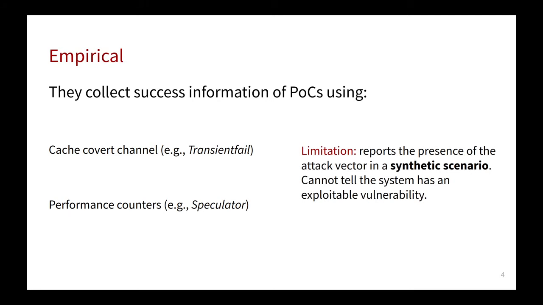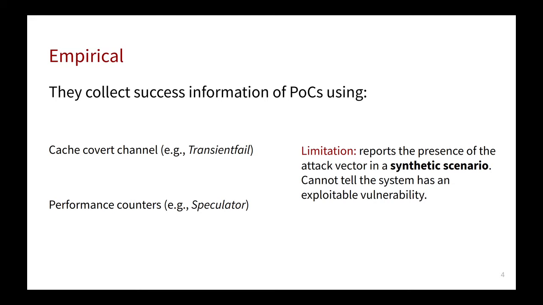However, these empirical tools have some limitations, because what they really do is not tell us if there is an exploitable vulnerability on the system, but only if the attack vector is present. They don't verify all the other conditions that are required to perform transient execution attacks.